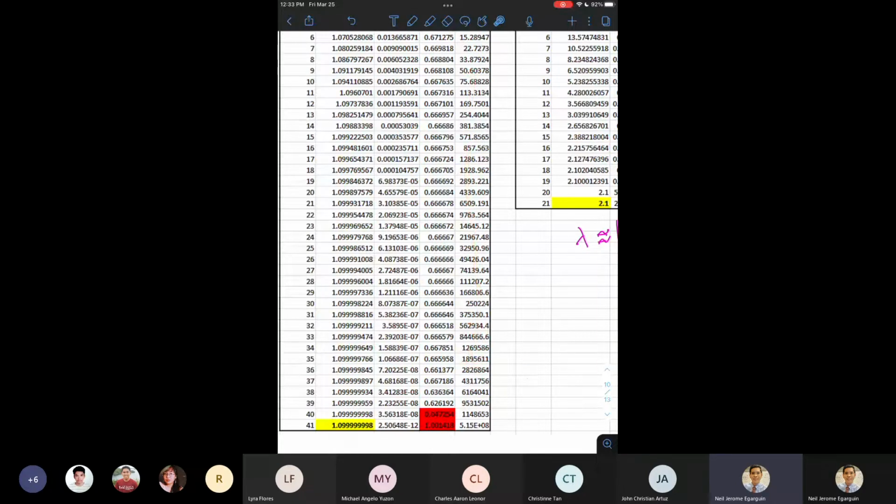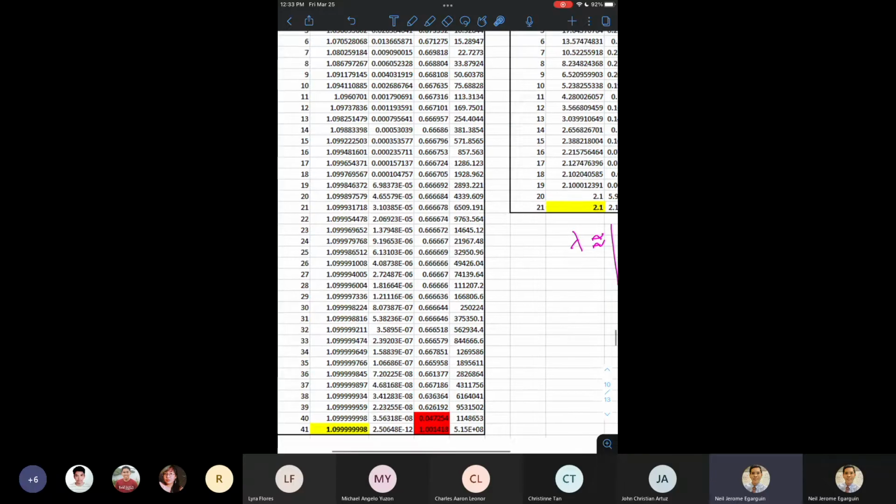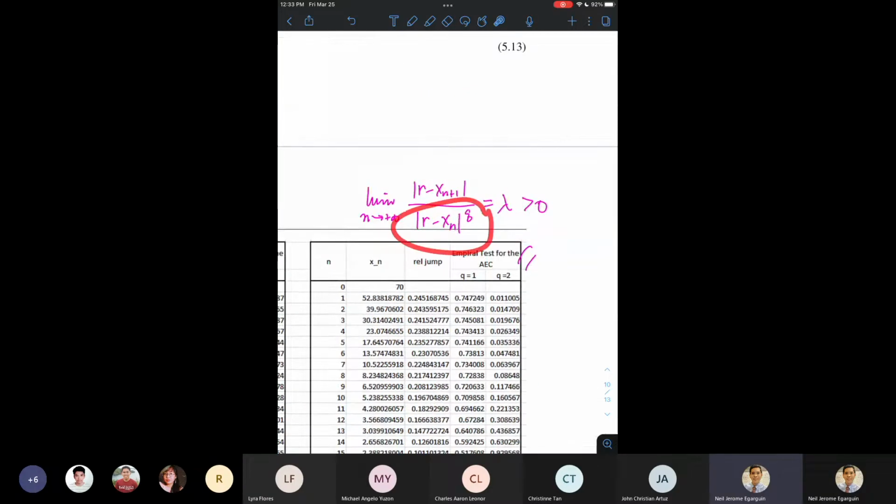Now, what happens when you get an estimate of the asymptotic error constant that is approaching a very huge number? That means the denominator vanishes to zero much faster than the numerator. So it becomes like a constant over zero. The denominator approaches zero quickly, so lambda becomes positive infinity. So how does the denominator go to zero faster than the numerator? It means the exponent we assigned to the denominator is too high.